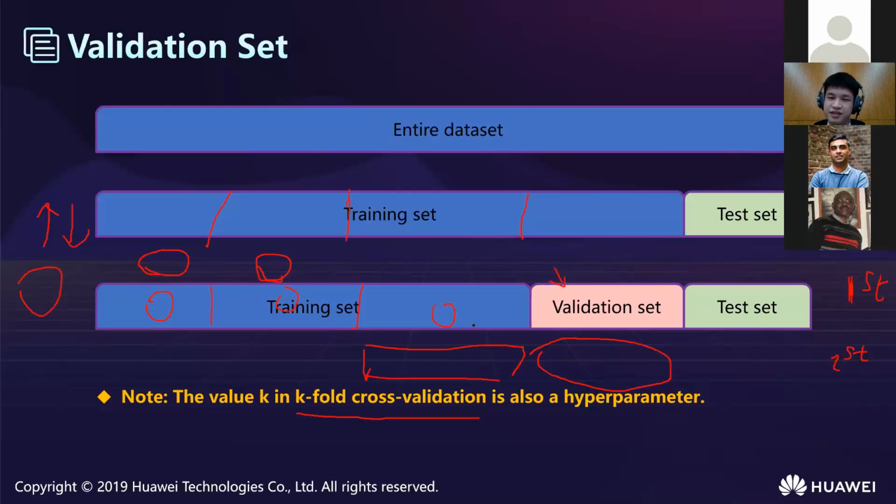So we can just train k times, and then we will know the performance of the machine learning model. Can you understand? Yes. Okay, so k-fold cross-validation is only used for a small number of data sets.